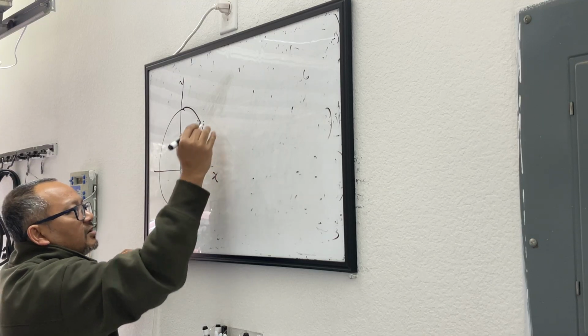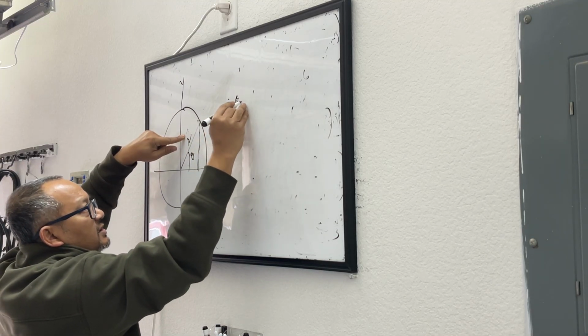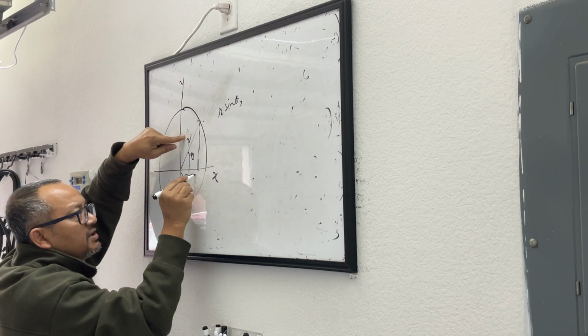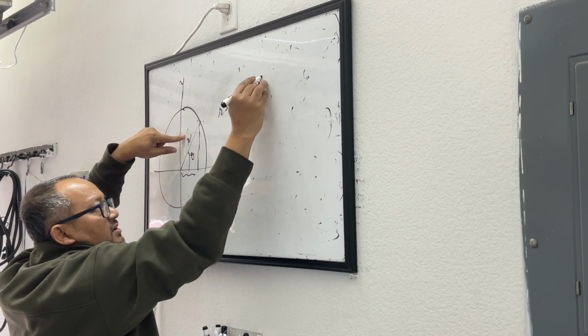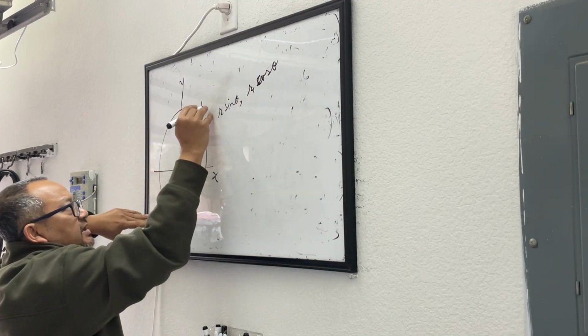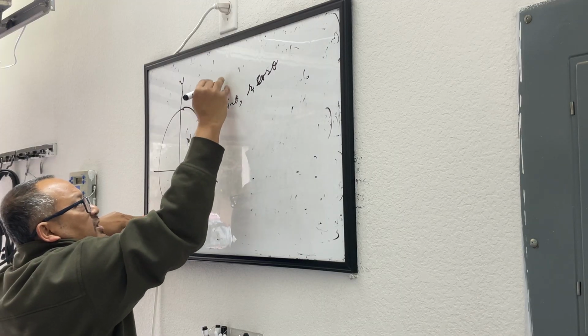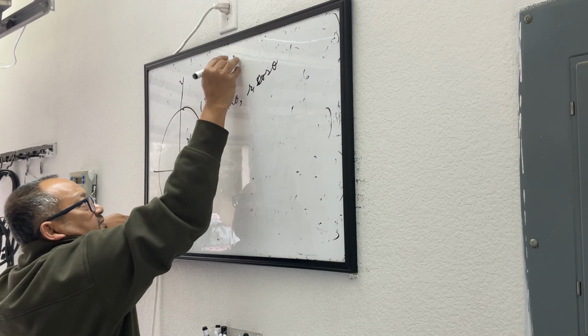R times sine of theta. And what is the value of this side? R times cosine of theta. So you will say the point is R times cosine of theta, comma, R times sine of theta.